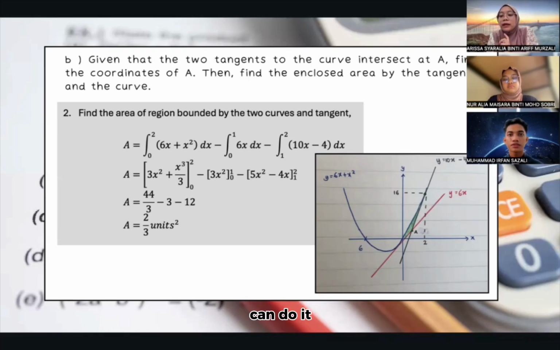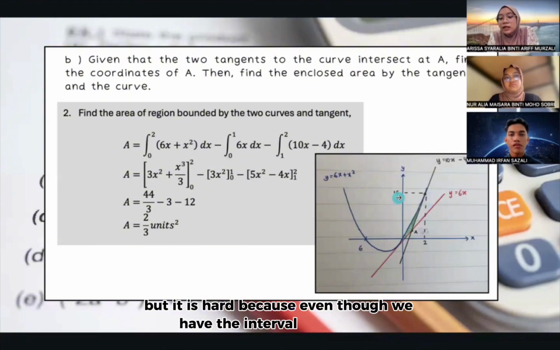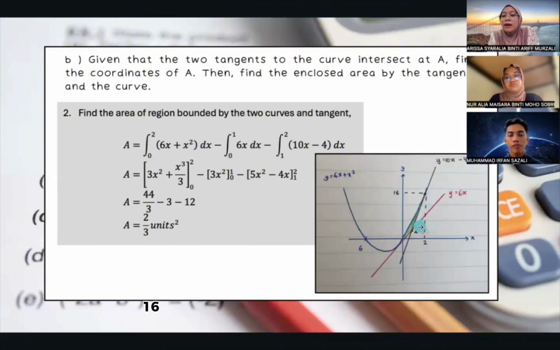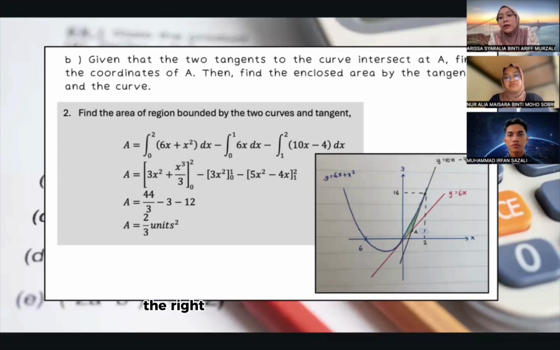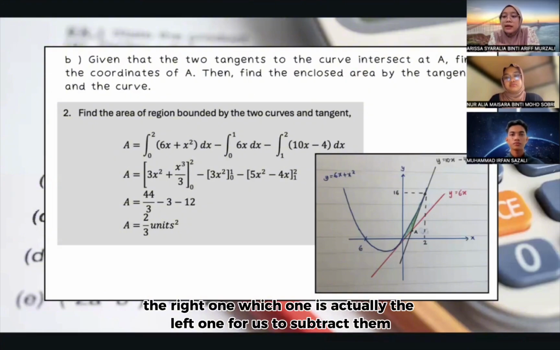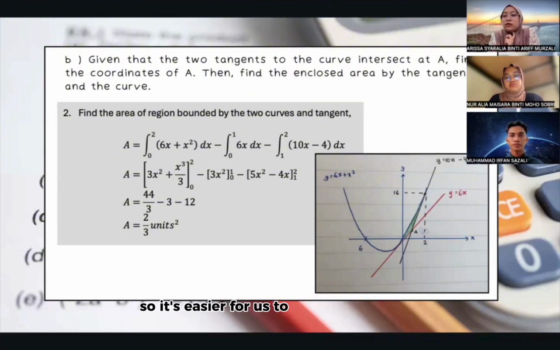We can do it, but it is hard because even though we have the interval here, 0 until 6, we're not sure which one of the lines is the right one and which one is the left one for us to subtract. So it's easier for us to use the x method, because with respect to x, we don't take too long to answer the question. You understand, right?